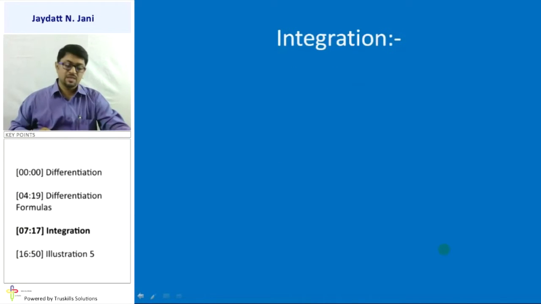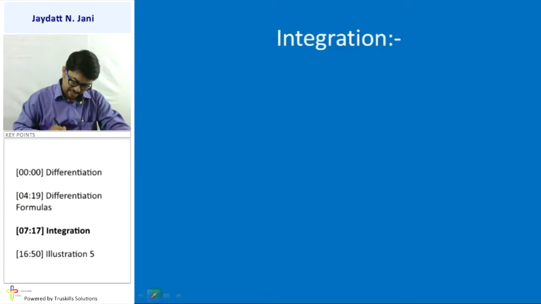Now, same like differentiation, here we have one more topic, it's called integration.